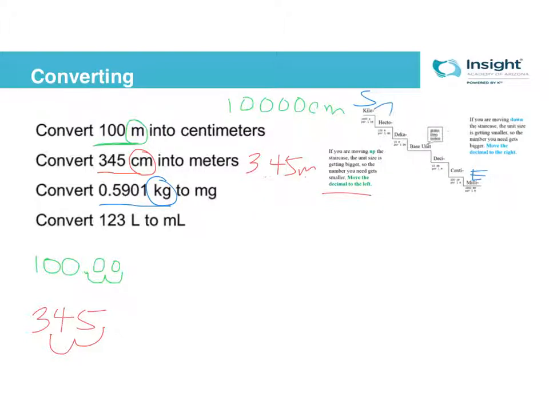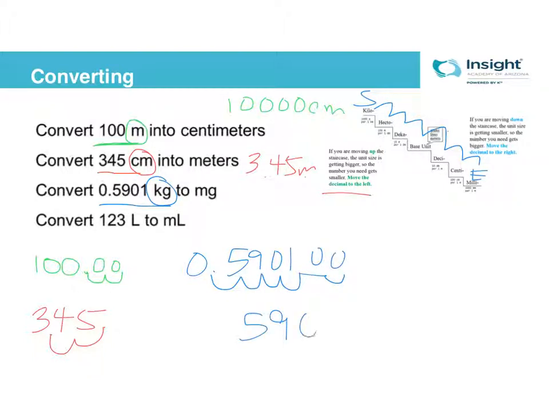So that's going to be 1, 2, 3, 4, 5, 6 steps. So we're going to take this 0.5901 and move our decimal 6 times, since we're going down the staircase to the right. 6. So there were 2 blanks in there. So that's going to be 590,100 milligrams.